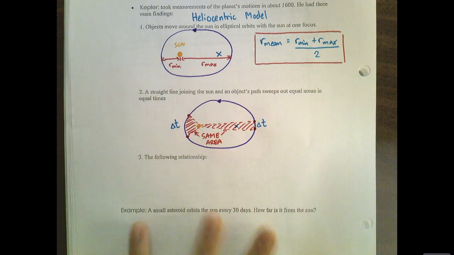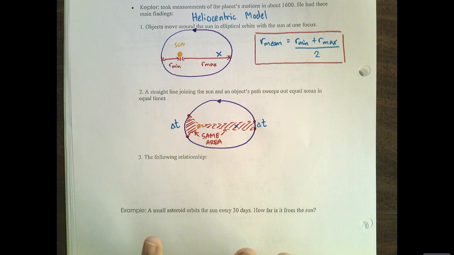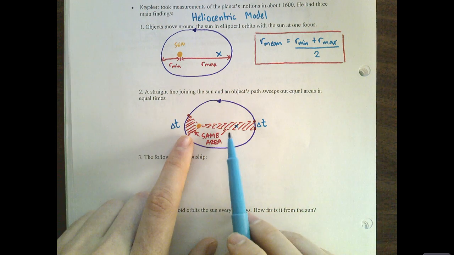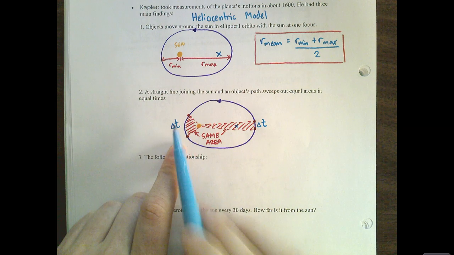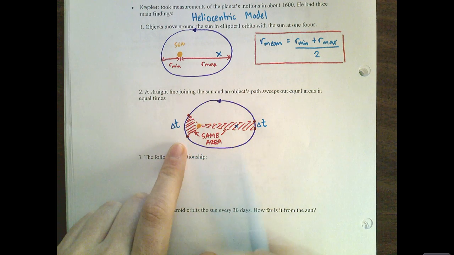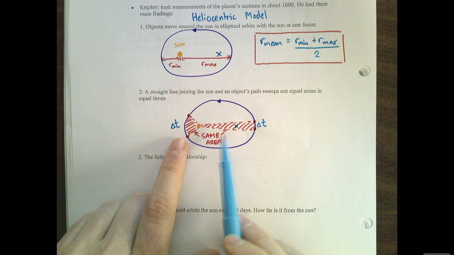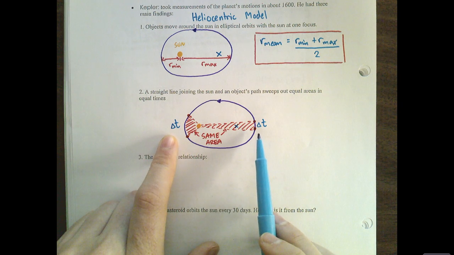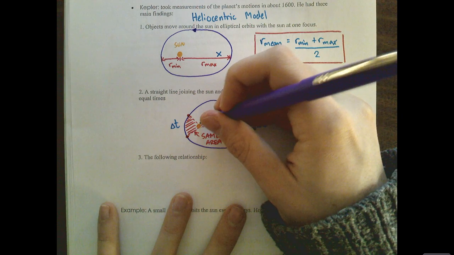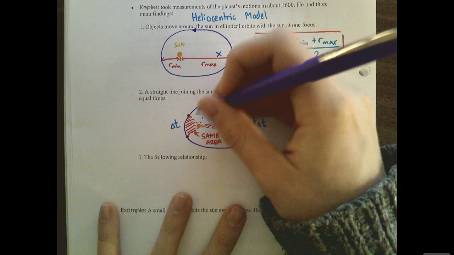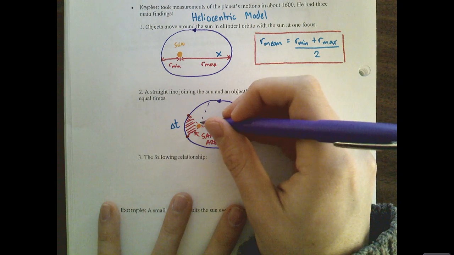So as long as the area swept out by the object around that orbit's elliptical path is the same, the amount of time taken to cover that area will be the same. And this goes for literally any swept out equal area size along this elliptical path.